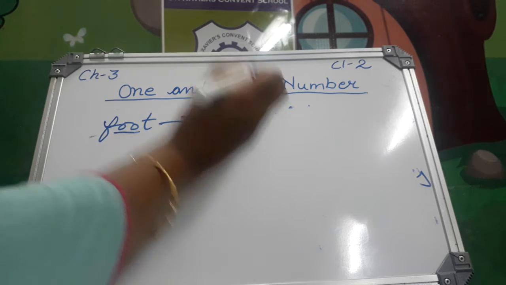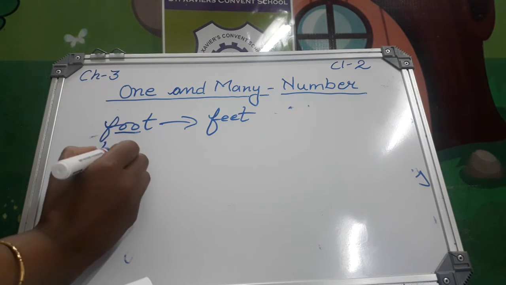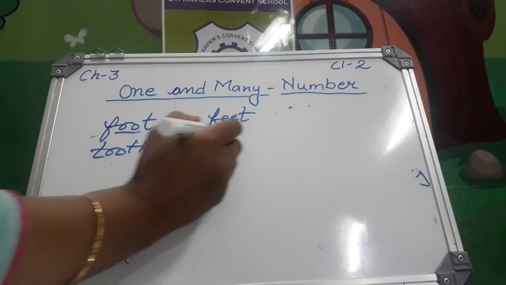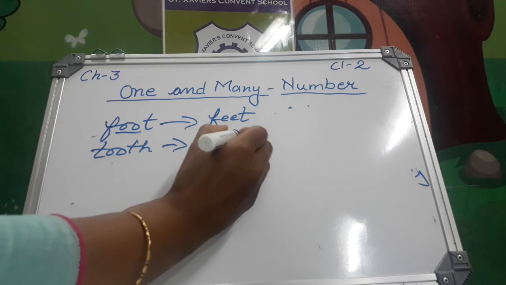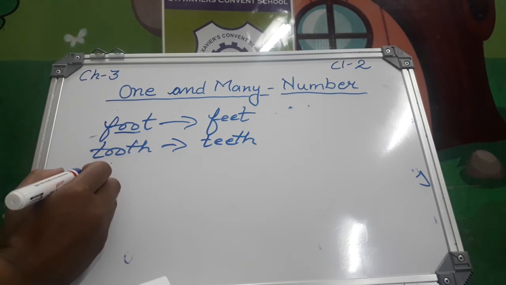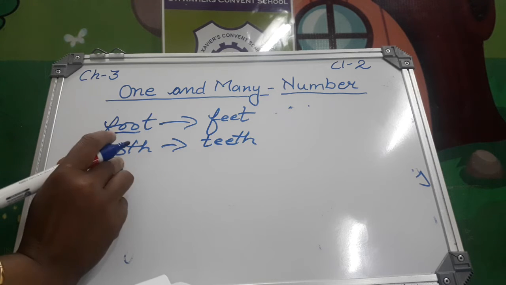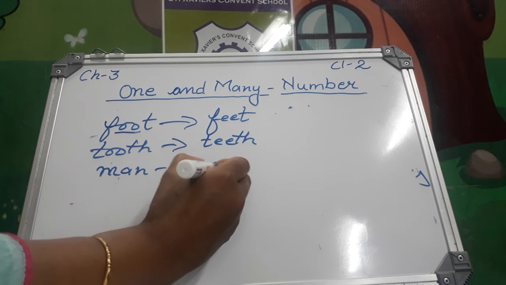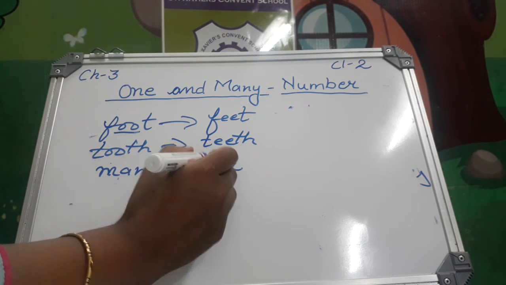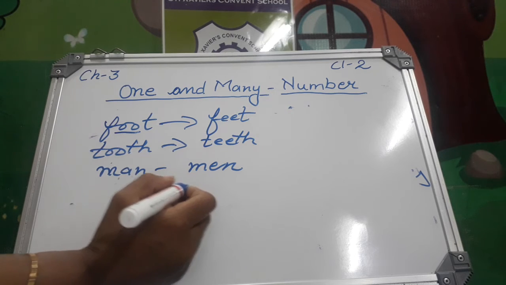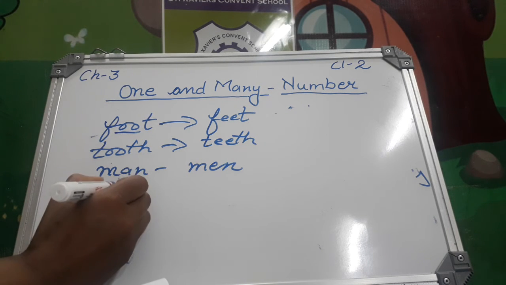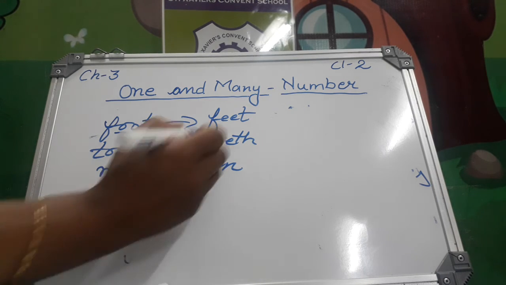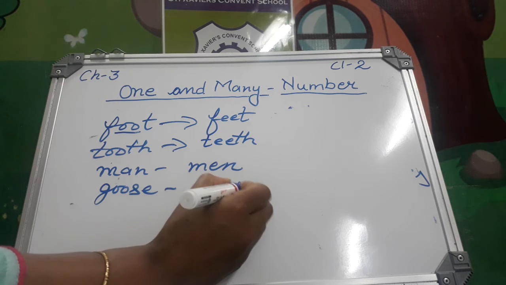It will be feet. Tooth means one tooth, singular, and teeth means more than one tooth. Man means a single man, men means more than one man. This is plural form. Goose means single goose and geese means more than one goose.